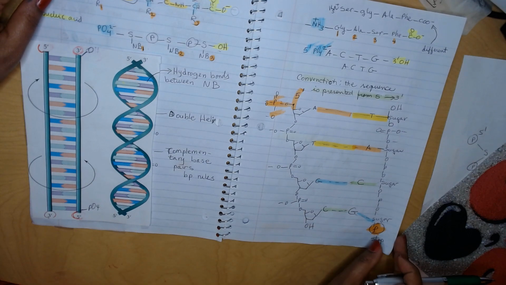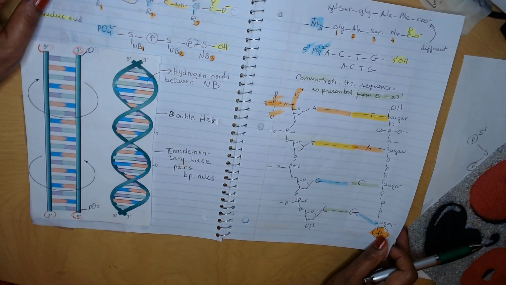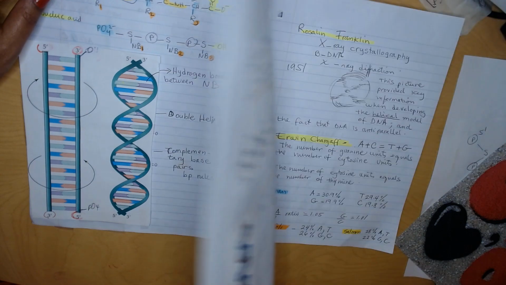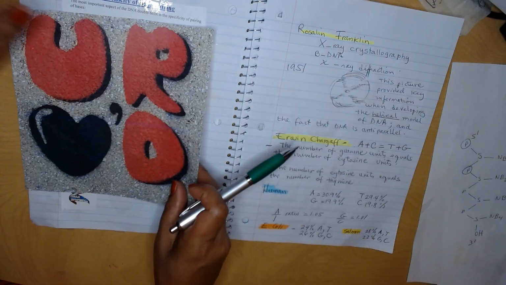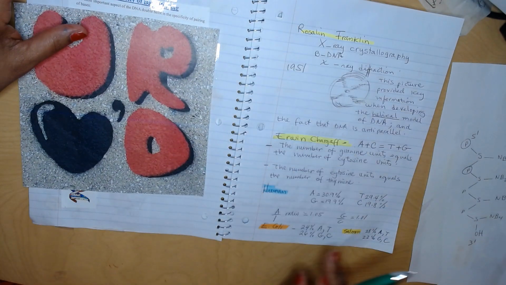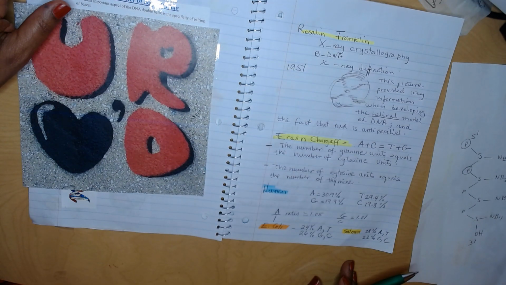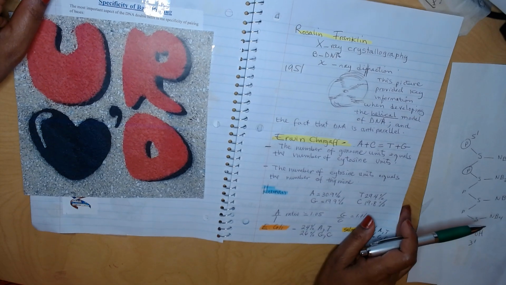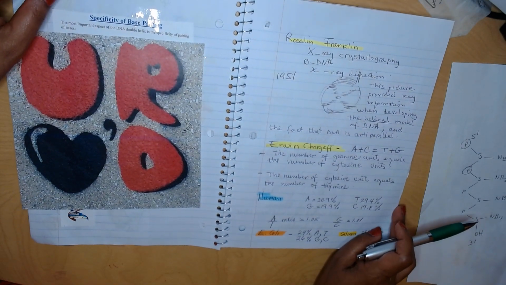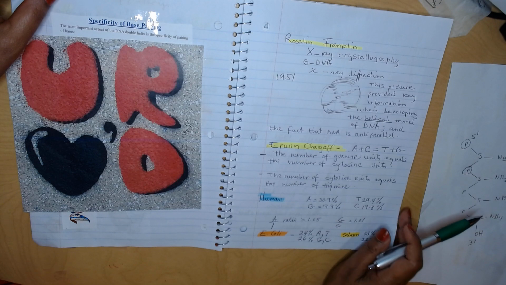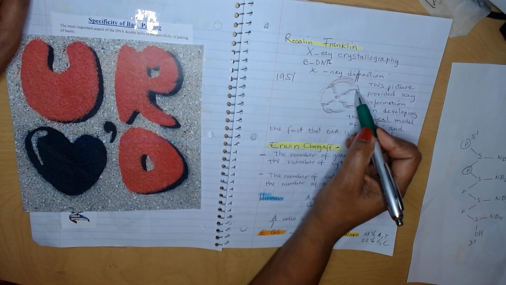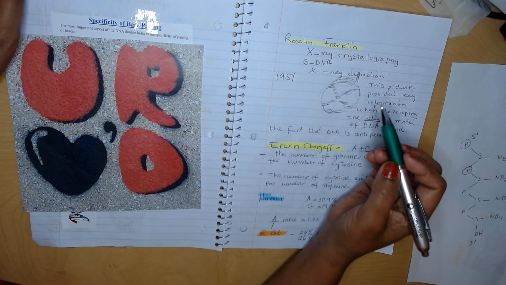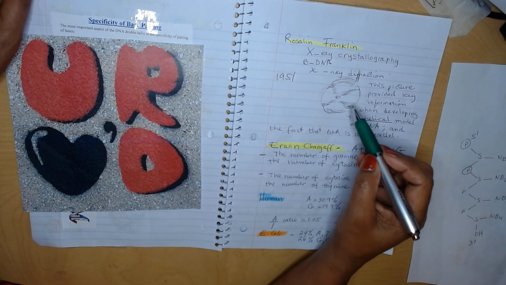So let's talk a little bit about the history of the discovery of the double strand of DNA. The first thing that I want to give credit is to Rosalind Franklin, that in 1951 was carrying out some X-ray crystallography study, and the X-ray diffraction of the molecular DNA was presented by Maurice Wilkins to Watson and Crick.